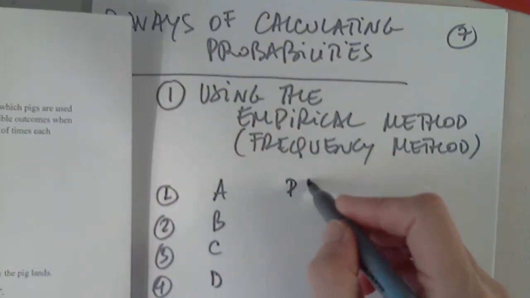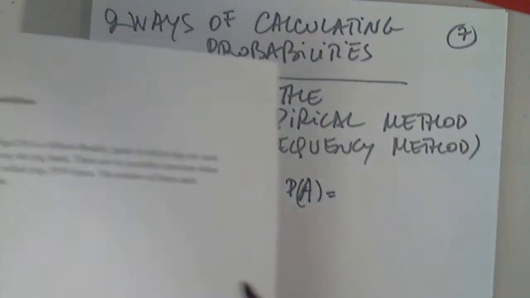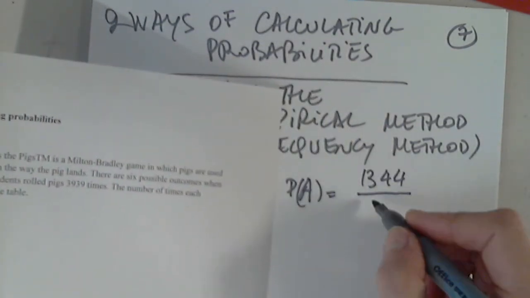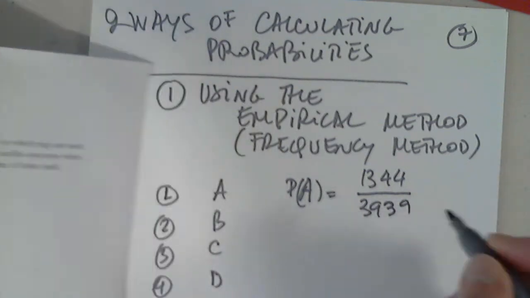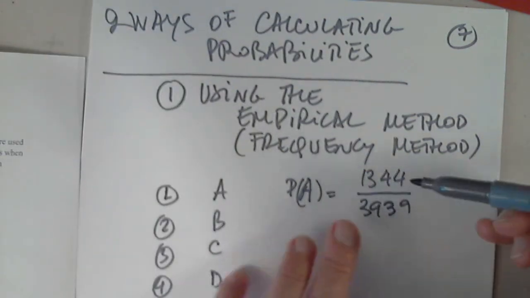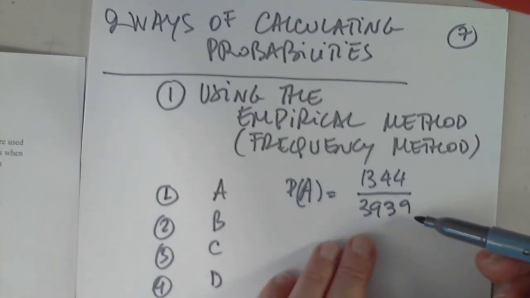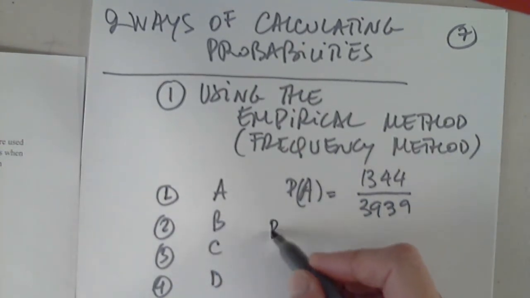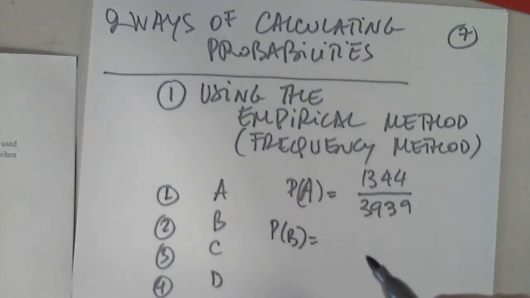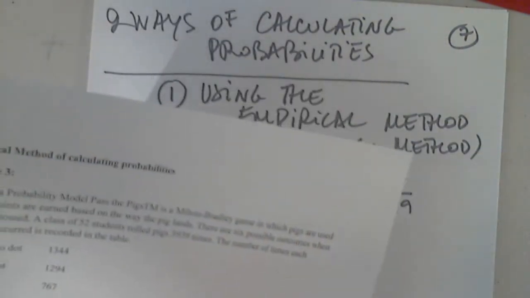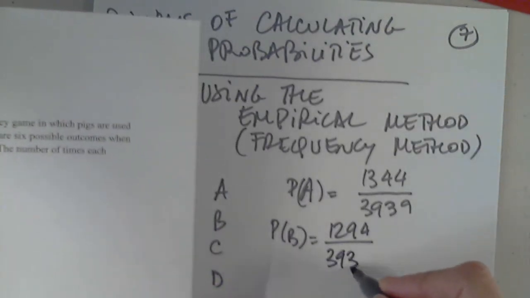So the probability of A will definitely be 1344 over the total number. So A occurs 1,344 times out of the total. For the second possibility, P of B is 1294 divided by the total number.